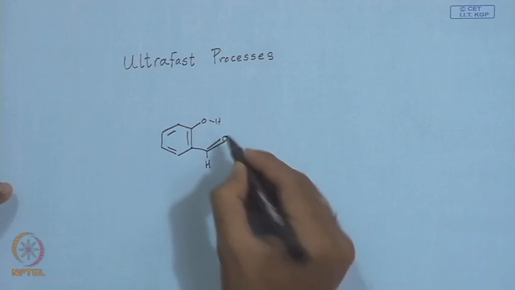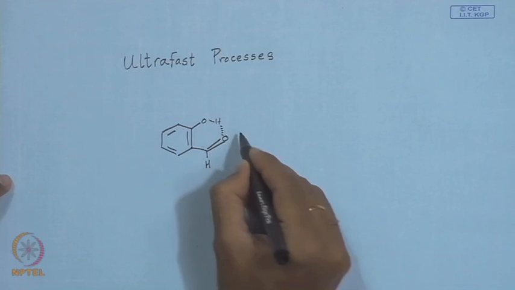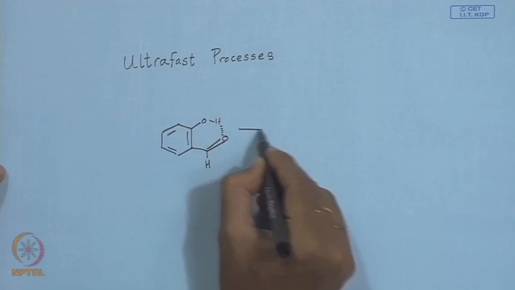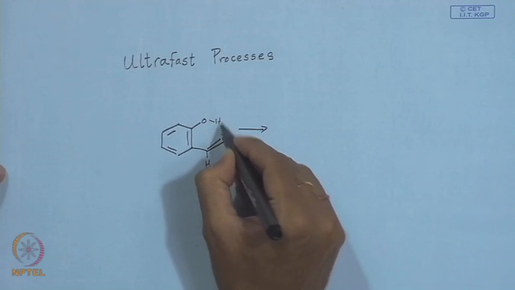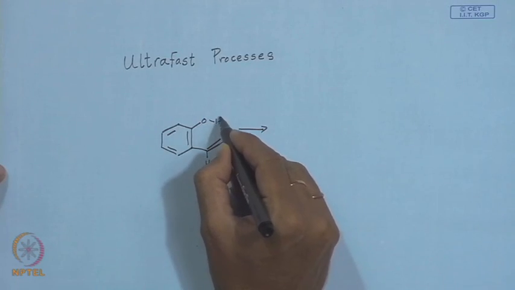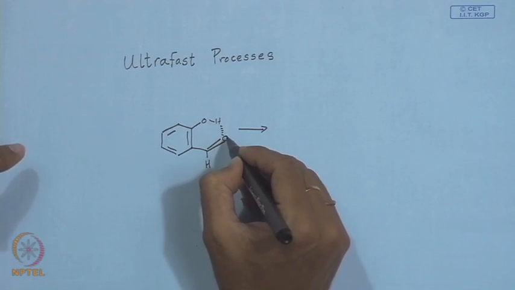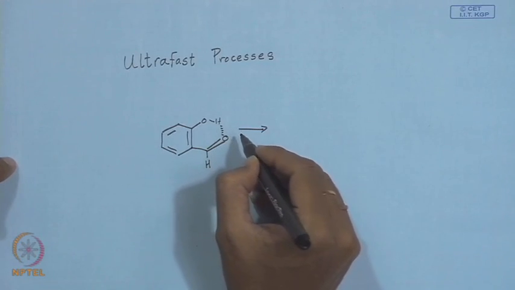This makes a hydrogen bond over here. In the ground state there is a hydrogen bond, but in the excited state this proton is transferred from here to here through the intramolecular hydrogen bond. So, excited state intramolecular proton transfer.